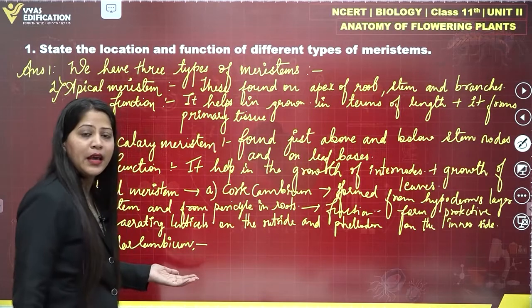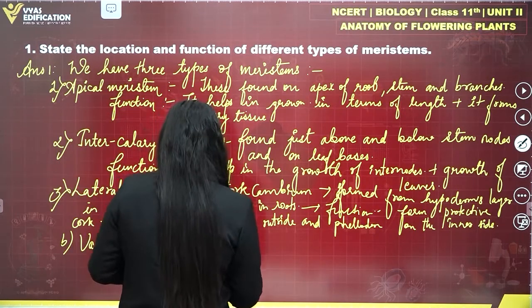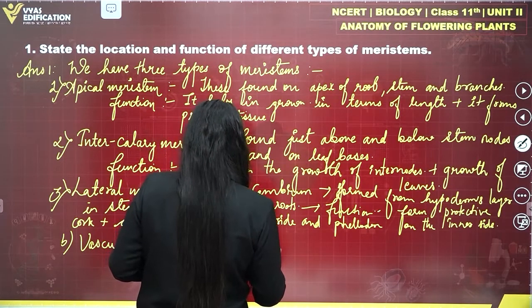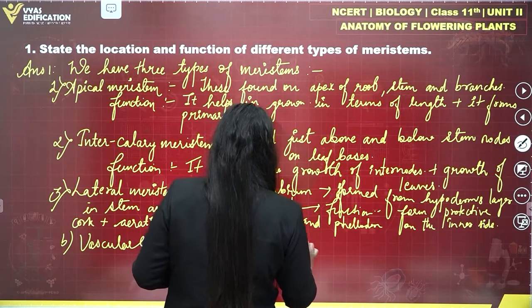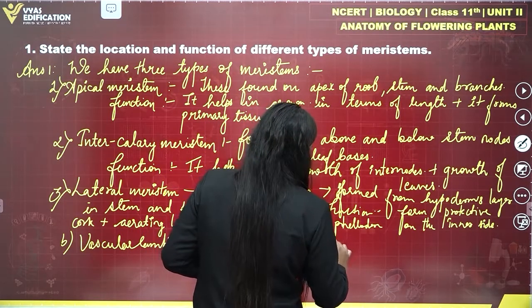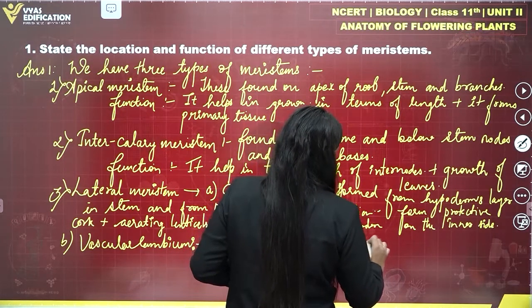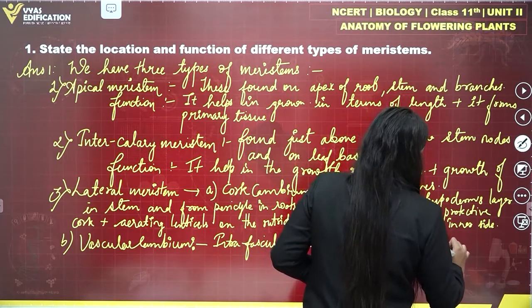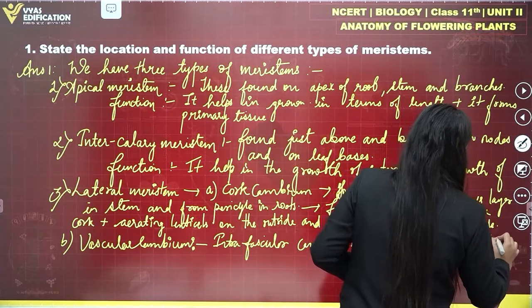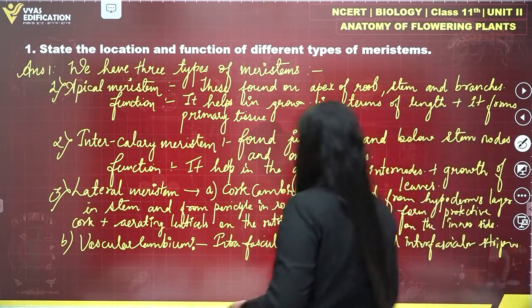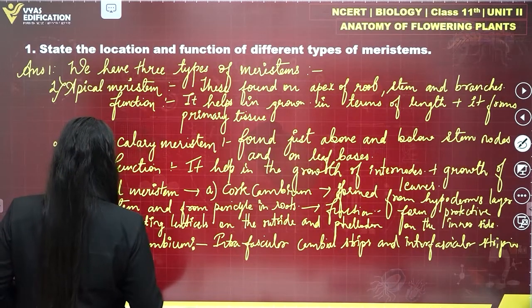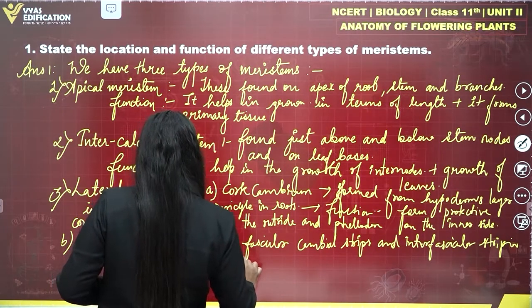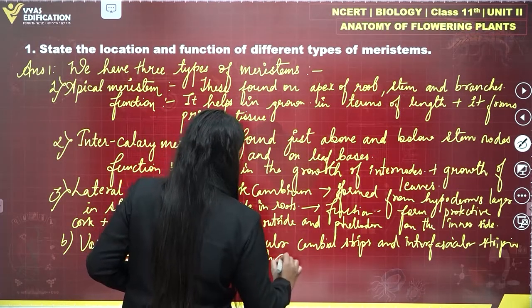We know that vascular cambium forms from intrafascicular cambial strips and interfascicular strips in stem and from pericycle in roots.